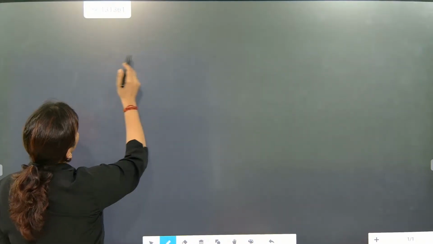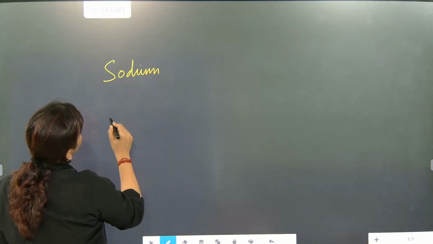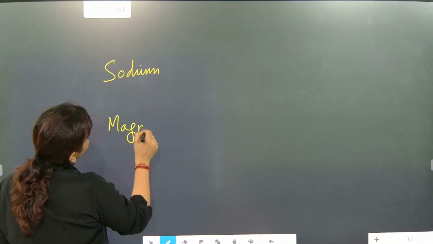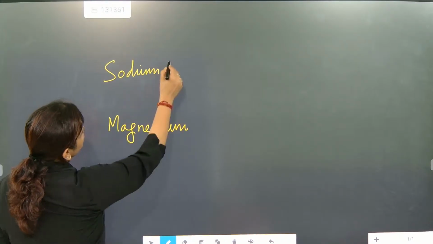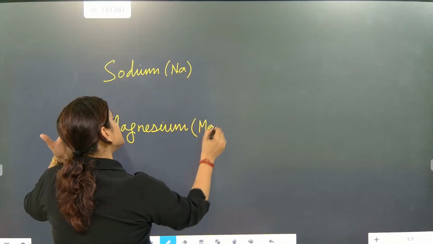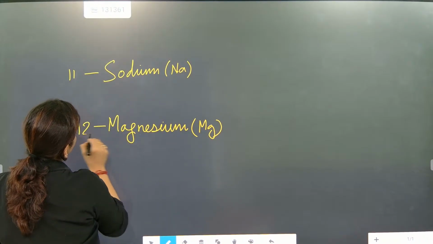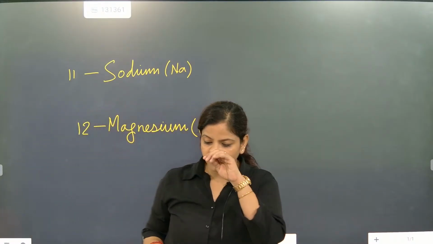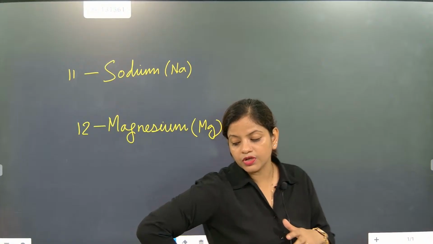Sodium is Na, magnesium is Mg. The atomic number of sodium is 11, and magnesium is 12. We take the atomic number and write the outermost orbit.